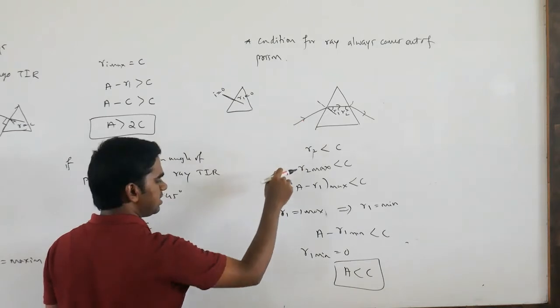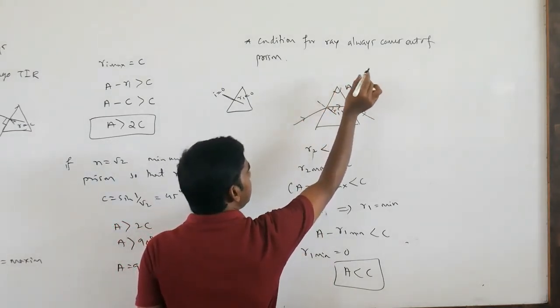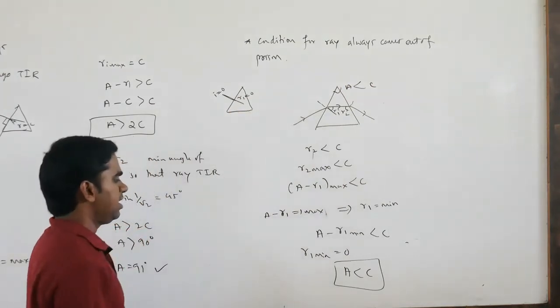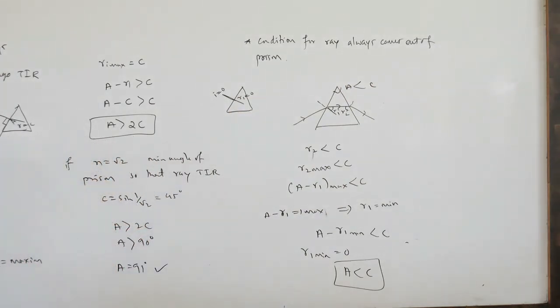For any angle of incident, if you maintain angle of prism A less than C, then you get the ray always coming out of the prism. So these are the conditions for total internal reflection, and ray always comes outside.